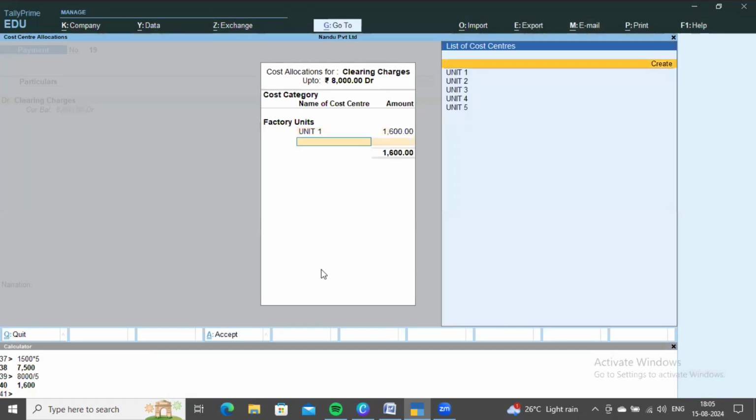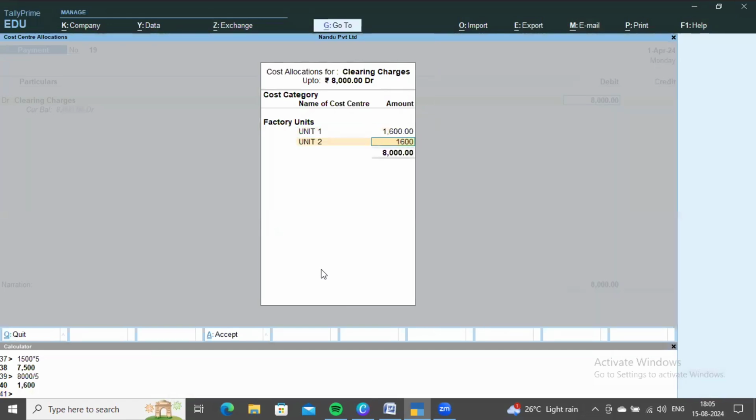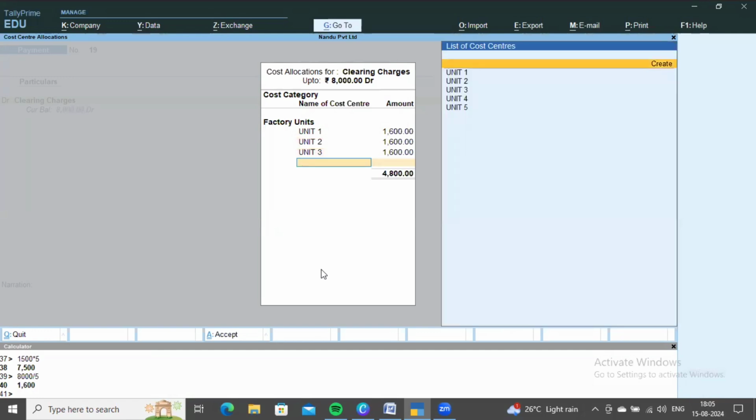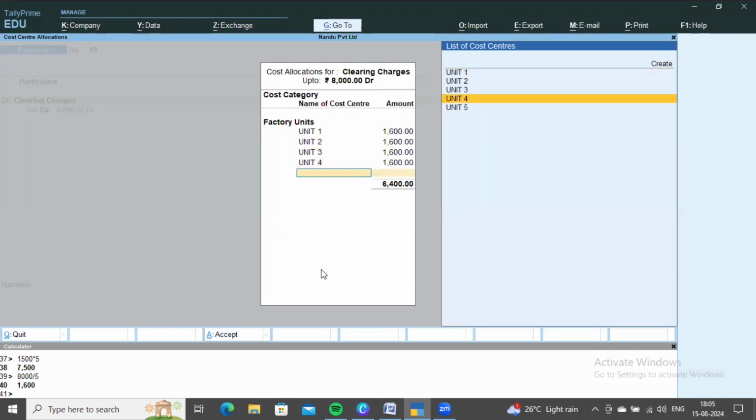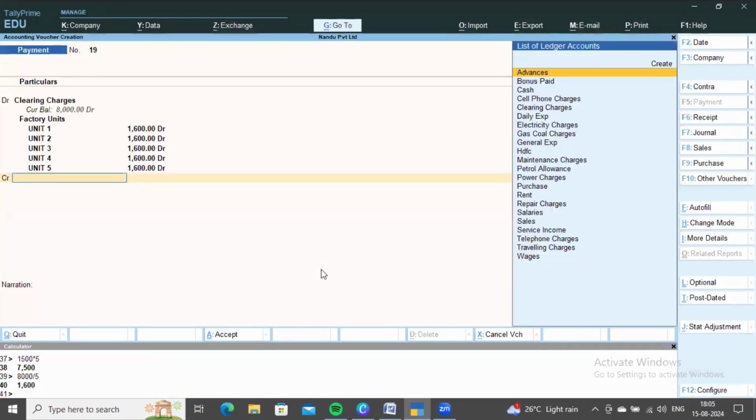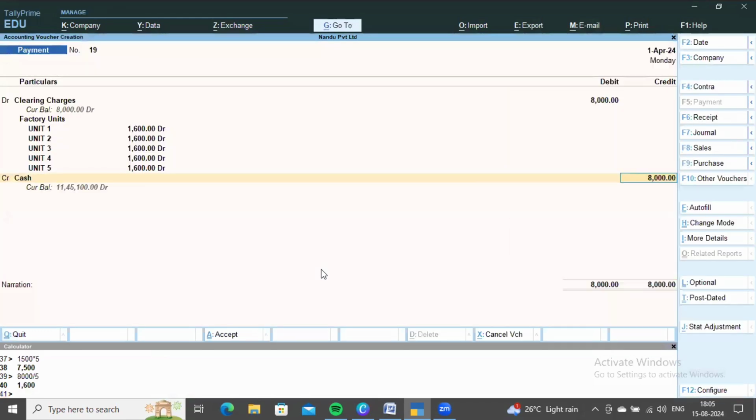Assign 1,600 to each factory unit. And credit cash account.